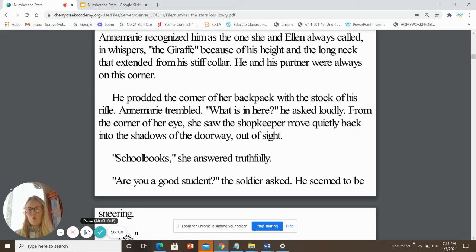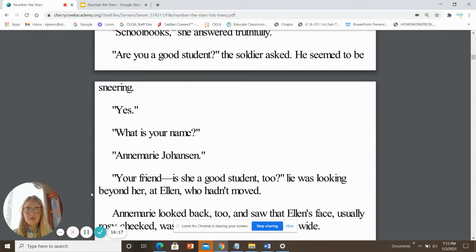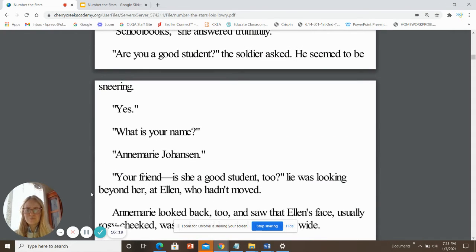Anne-Marie trembled. What is in here? He asked loudly. From the corner of her eye, she saw the shopkeeper move quietly back into the shadows of the doorway, out of sight. School books, she answered truthfully. Are you a good student? The soldier asked. He seemed to be sneering. Yes. What is your name? Anne-Marie Johansson.